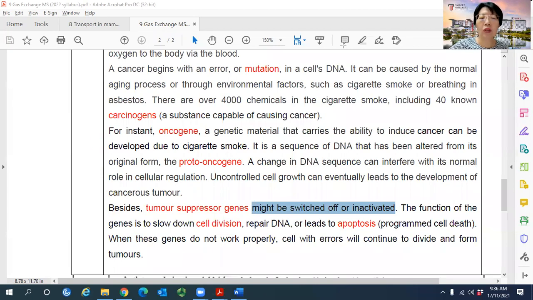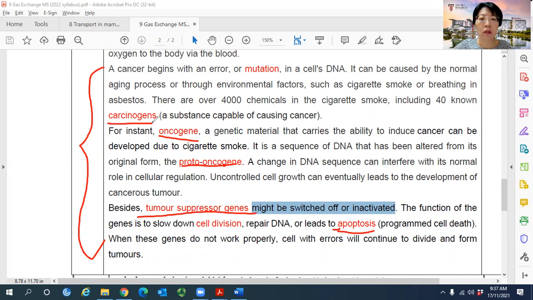So, if you look at the past year questions, sometimes this nature of question will come up. That means there's a passage with empty spaces. You need to fill in the blank. So when you need to fill in the blank, if you choose not to learn the word, for example, apoptosis, you will not be able to answer this question. If you choose not to learn the words oncogenes, proto-oncogenes, tumor suppressor gene, carcinogen, then you may not be able to answer this question to get the full marks.